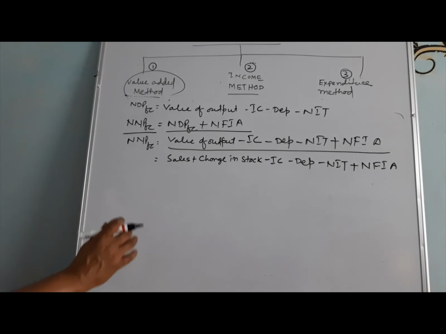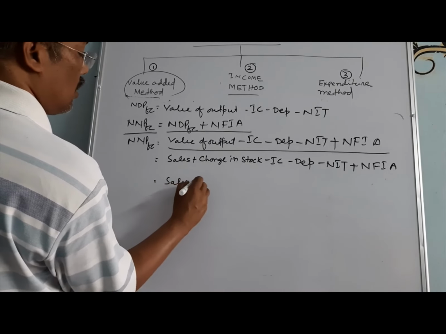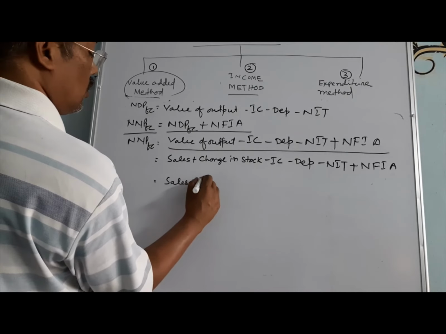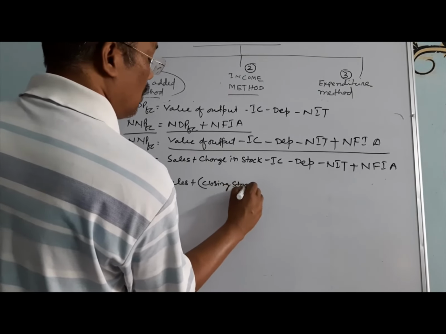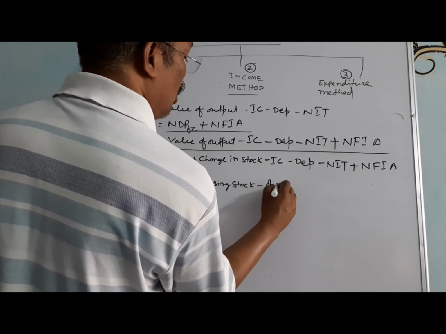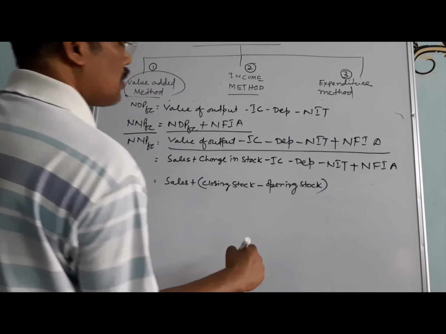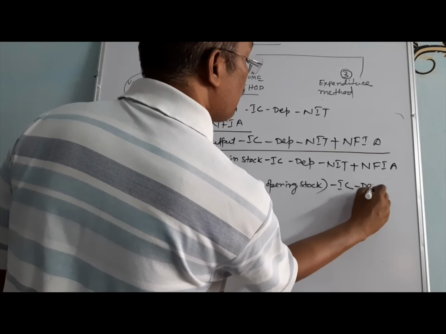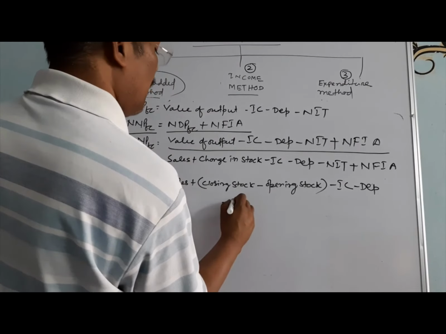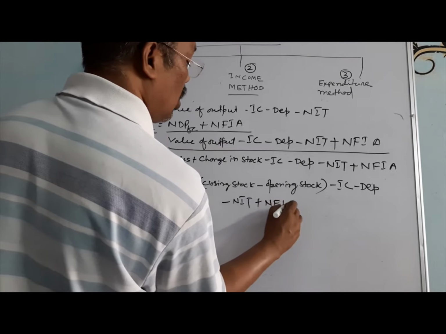Or directly you can find out sales plus closing stock minus opening stock, minus intermediate consumption minus depreciation minus net indirect taxes plus net factor income from abroad.